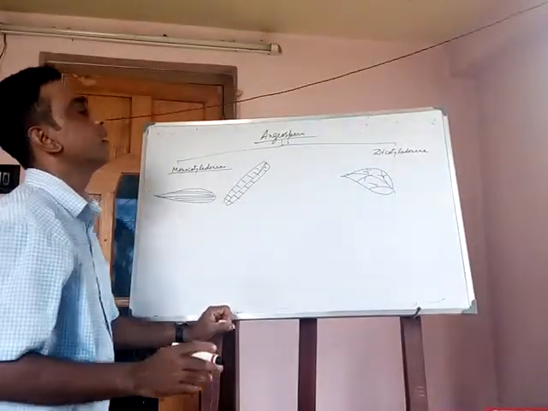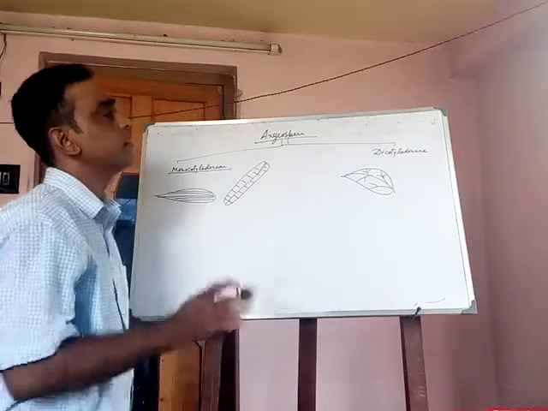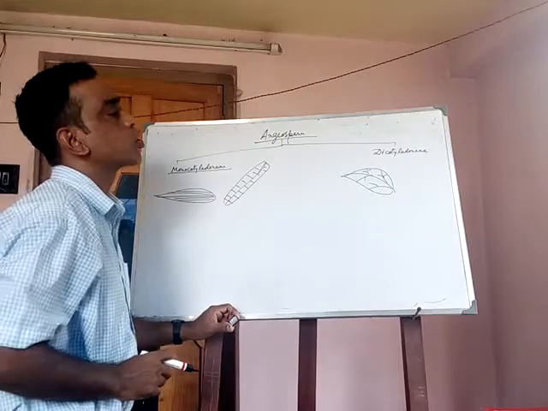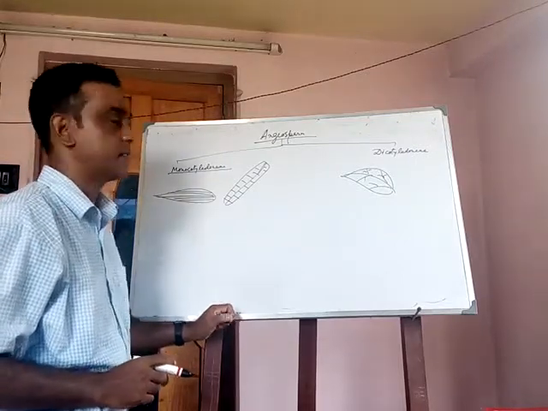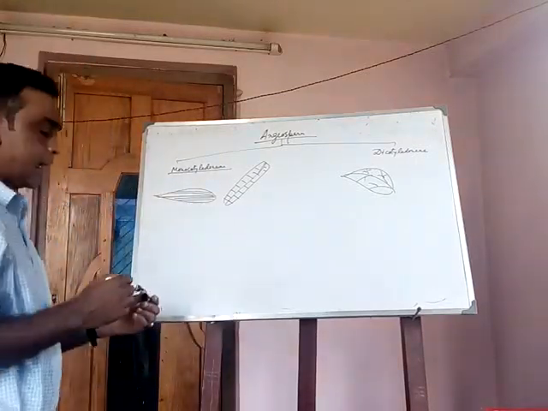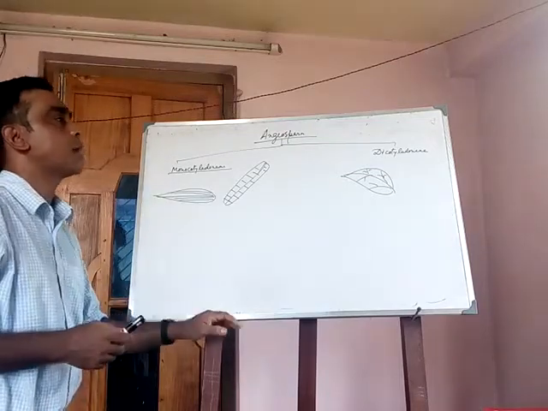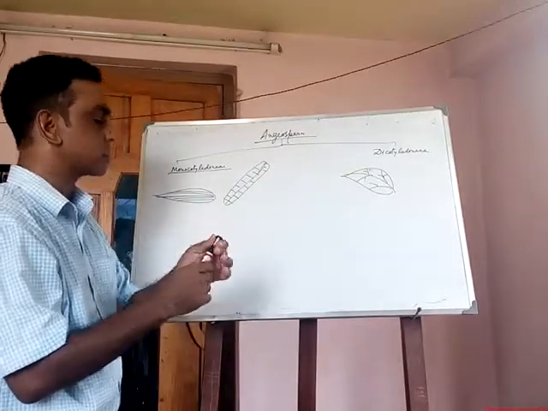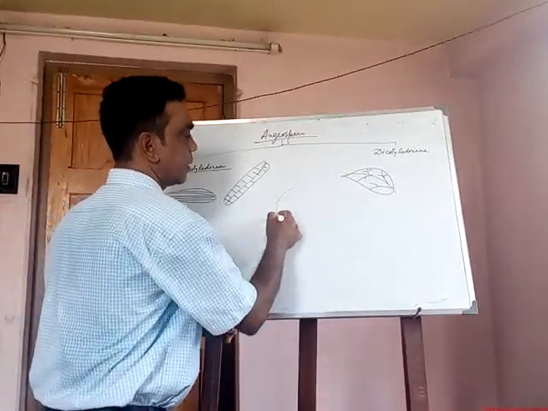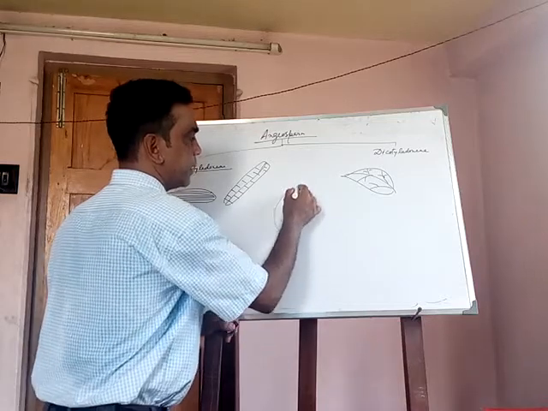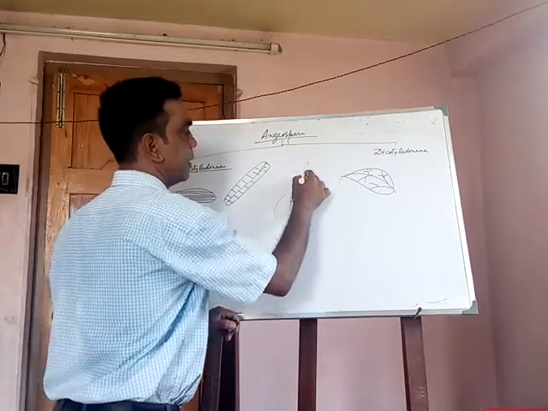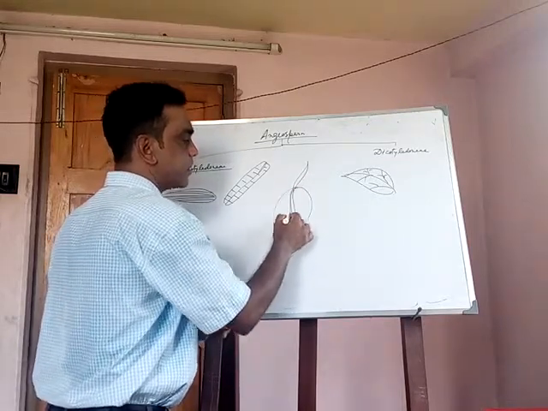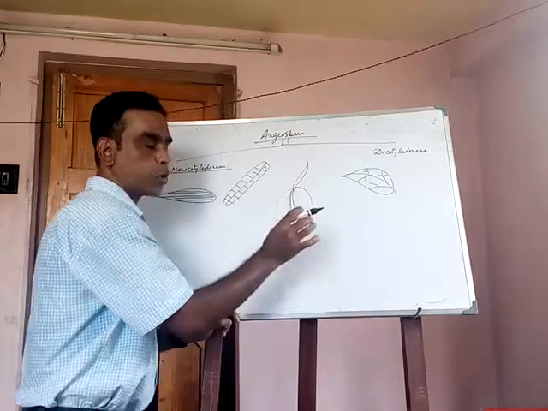The exception case of dicotyledon is Corchorus capsularis, etc. Now, angiosperm and gymnosperms. Angiosperm is of two types, monocotyledon and dicotyledon. Where the cotyledons are two, the embryo axis divides the two cotyledons.